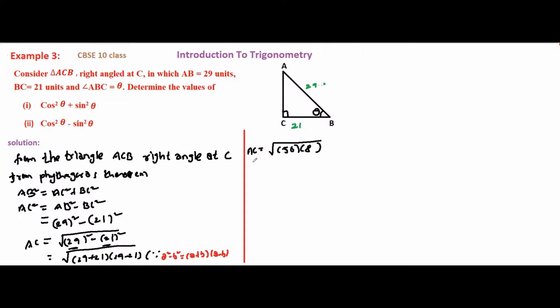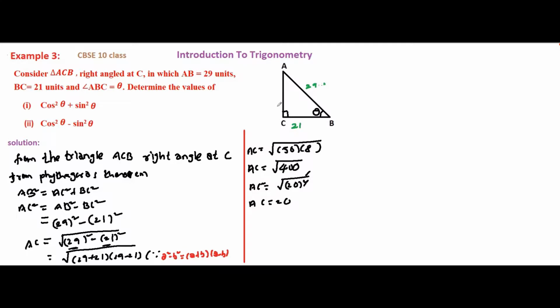So AC equals under root 50 into 8, that is 400. So AC equals under root 20 square, the square root is cancelled, and AC equals 20.